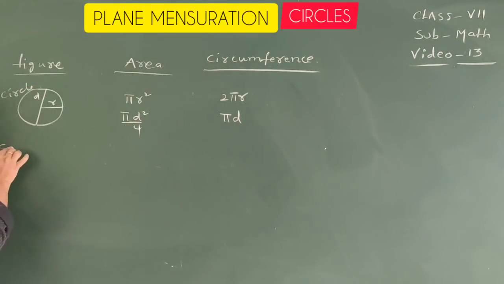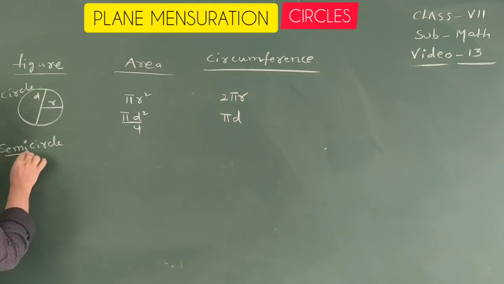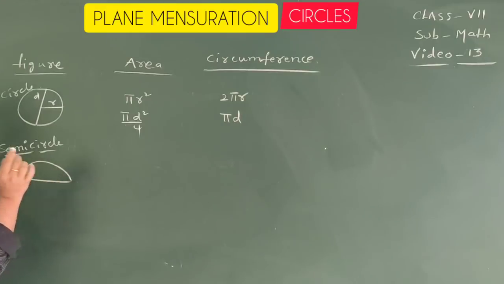And for the semicircle, a semicircle is half of a circle. The diameter divides the entire circle into two equal parts. Each part is called a semicircle.